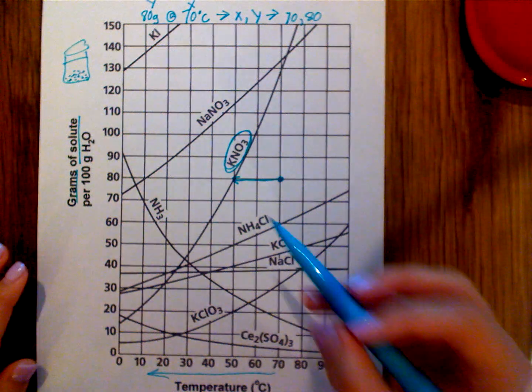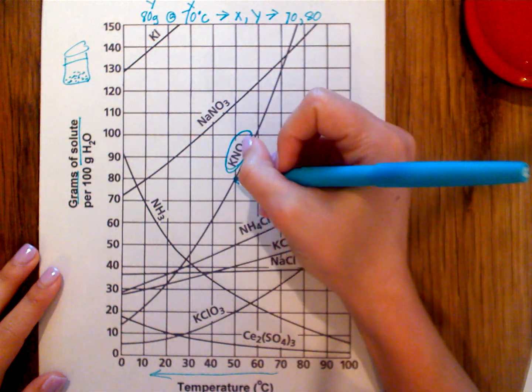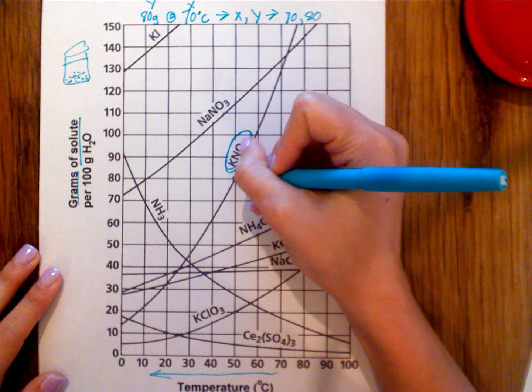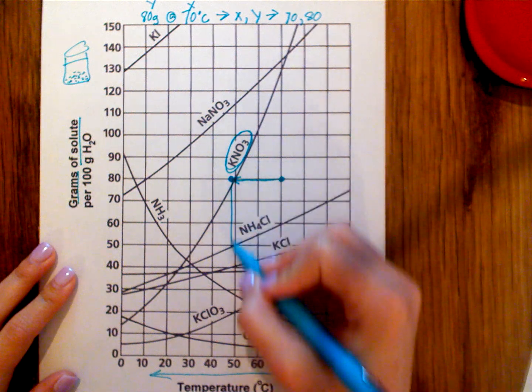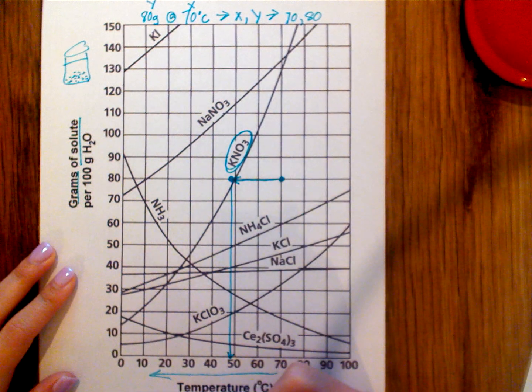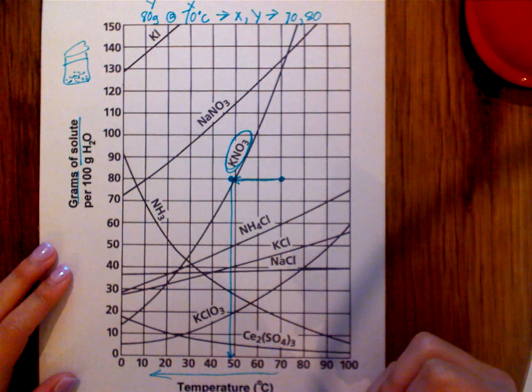It's too full. So what this question is essentially asking is for the first point that you reach above that line, which would be right about here. If you track that down, you can see that that would occur at approximately 49 degrees Celsius. That's where we should first see solid appear in the solution.